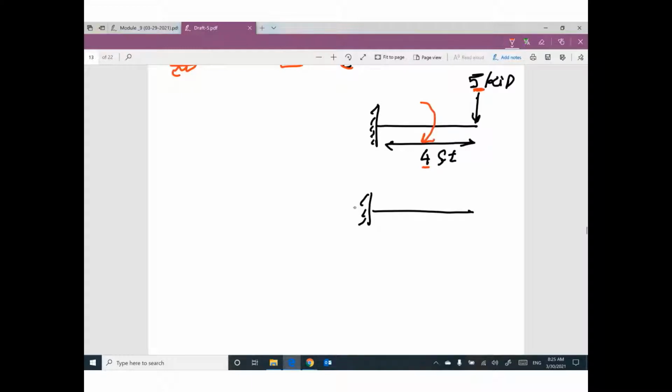So the head of the arrow is down. So we have the value down here equal to P times L, which is 20. And this one will be 0. So we will have a triangle like this.